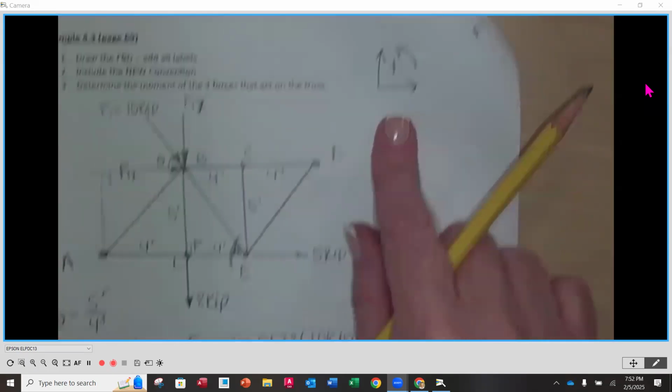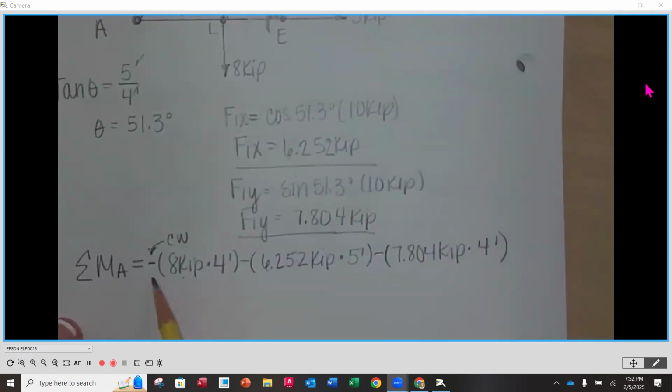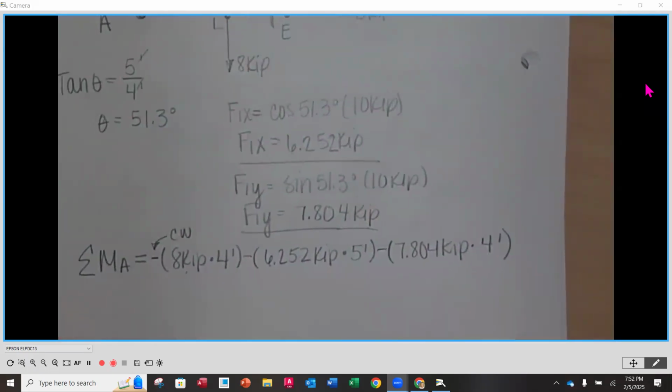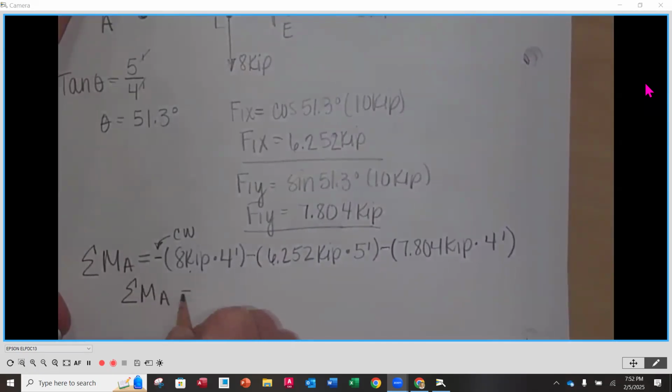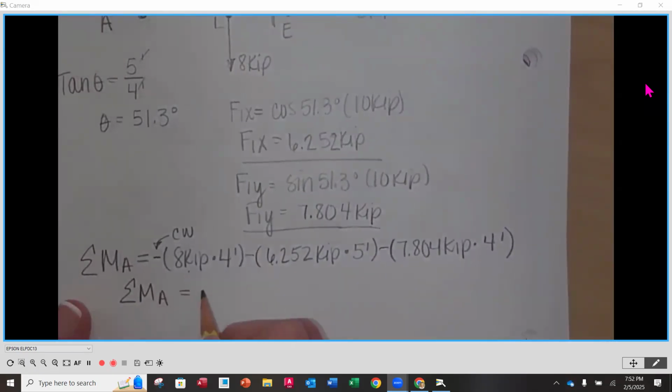Make sure you have all of those elements in this line. If you don't have units, points off. If you don't have the positives and the negatives, points off. If you don't have sum of the moments around A, points off. All of those elements are really important. All right, what do we get for our value of the total moment about point A? It's going to be negative something.